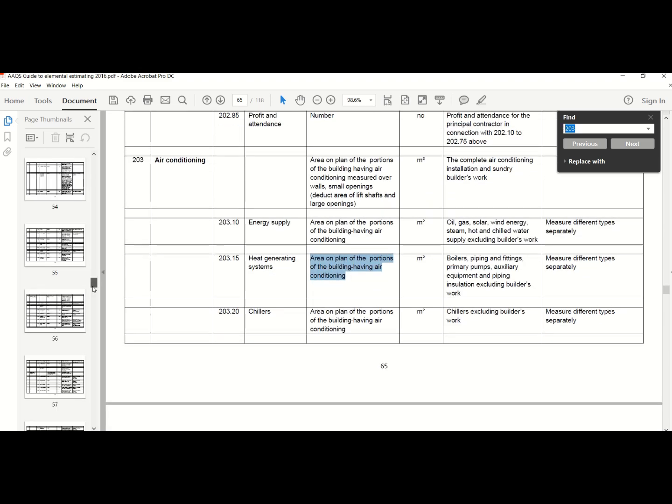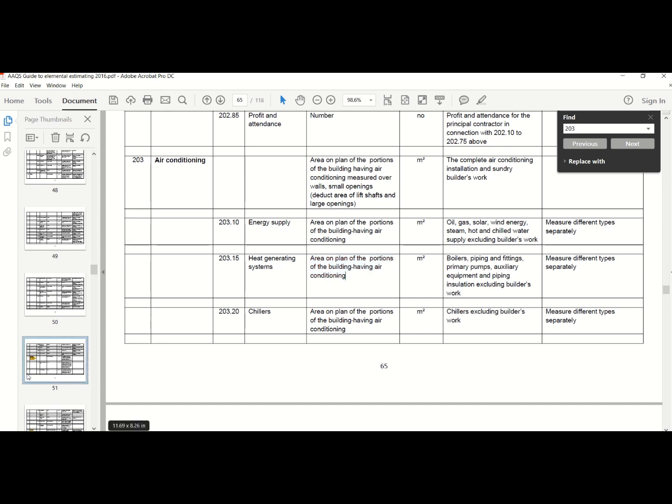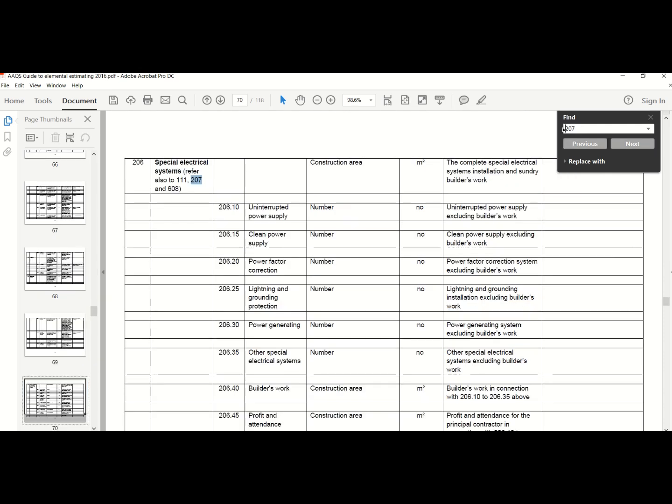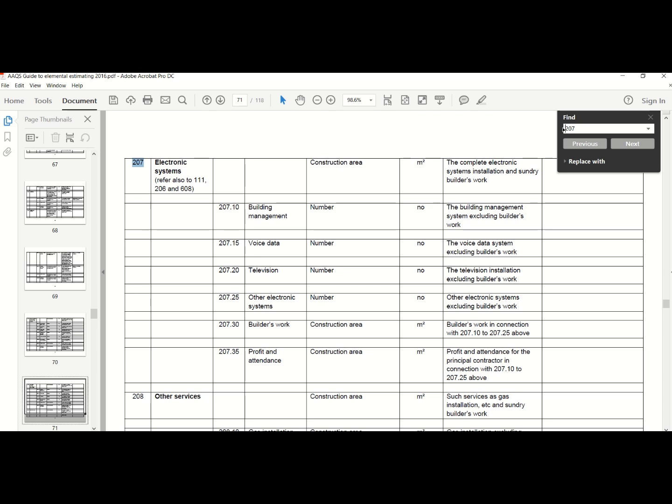to our electrical installation. Okay, so the other item is 207. So 207 is our electronic systems like access control, any network connections or access control or anything like that.